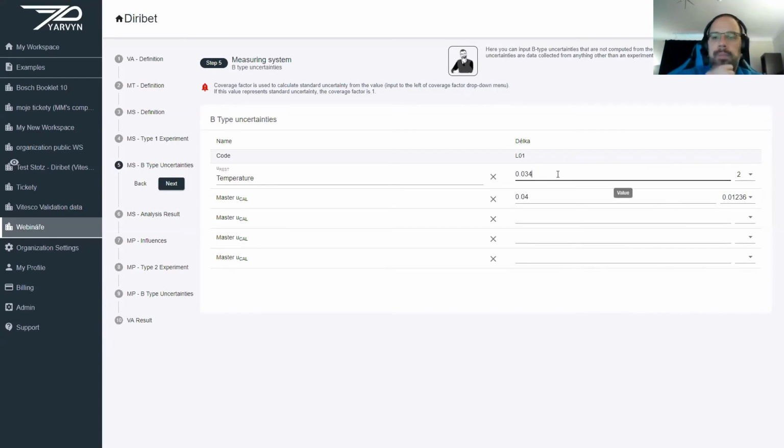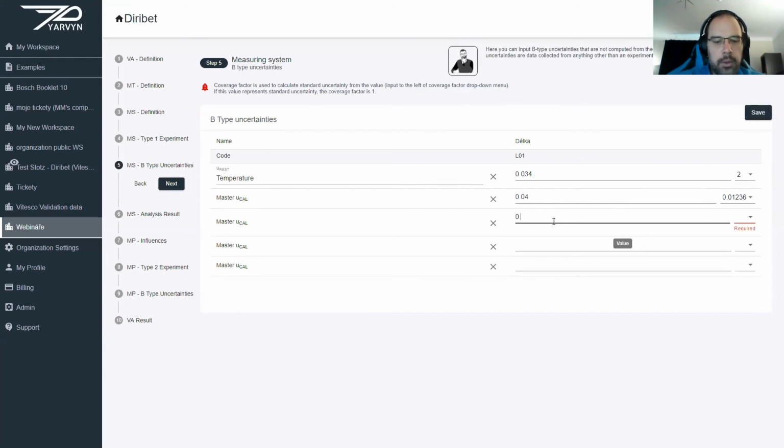And the second way you can do this is if you have some kind of error that is caused by this specific effect. In this case, the coverage factor is defined according to the distribution that is assumed for this effect.